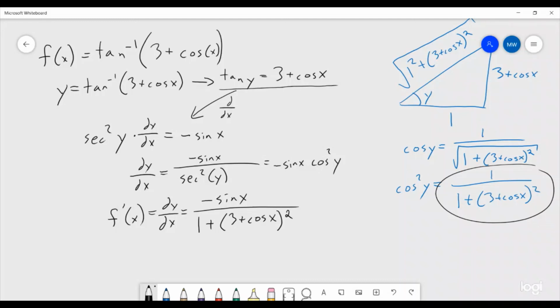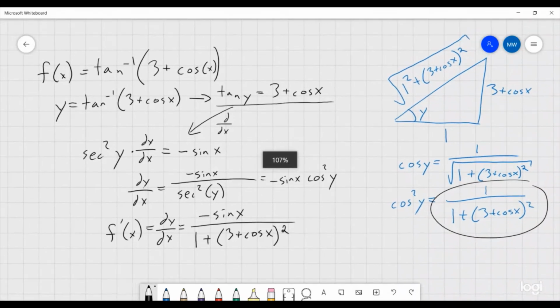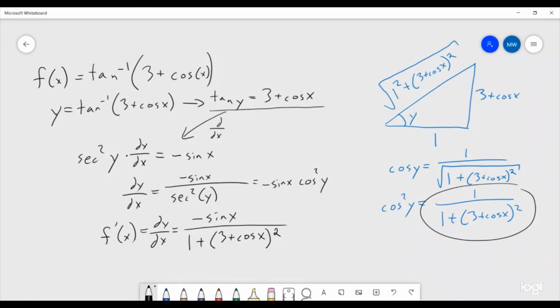That is going to be our derivative. We would have gotten the same thing if we used the chain rule and remembered the derivative of inverse tangent. But again, I have a really hard time remembering those, and so I approach these through implicit differentiation.